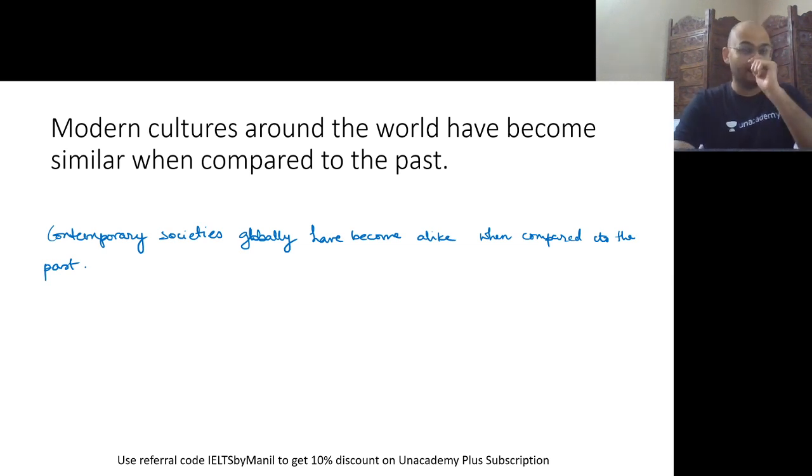So yeah, this was one way to look at it. Let's look at another way, which is where I'm simply going to move around a few words within this sentence to create a paraphrase. That's all. I'm not going to use synonyms. I'm not going to change anything. I'll just change the order of some of these words.